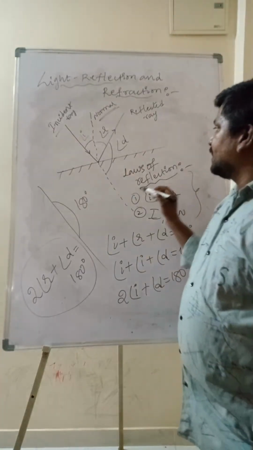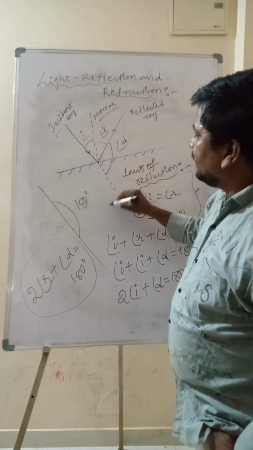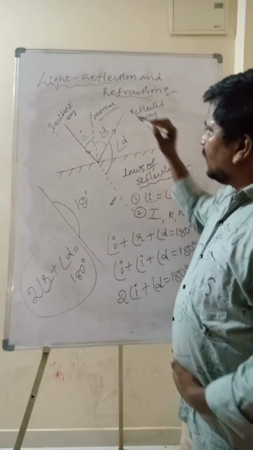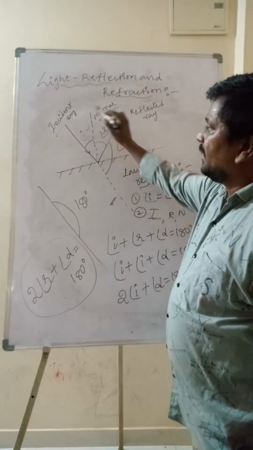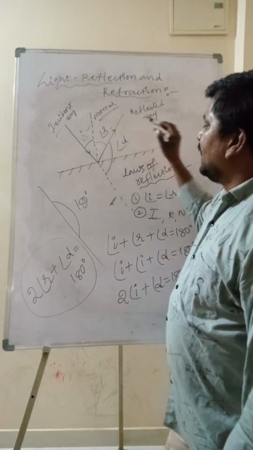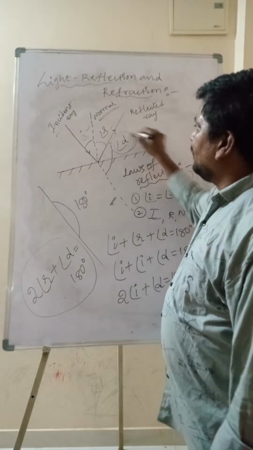The angle between the incident ray and the normal line is the angle of incidence. The angle between the reflected ray and the normal line is the angle of reflection. The angle between the reflected ray and the undeviated line is the angle of deviation.